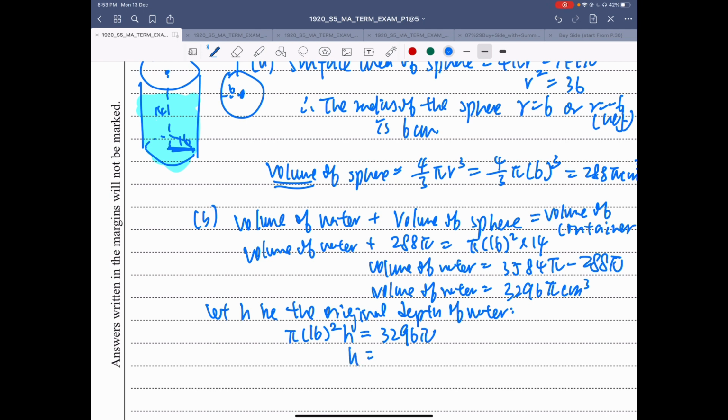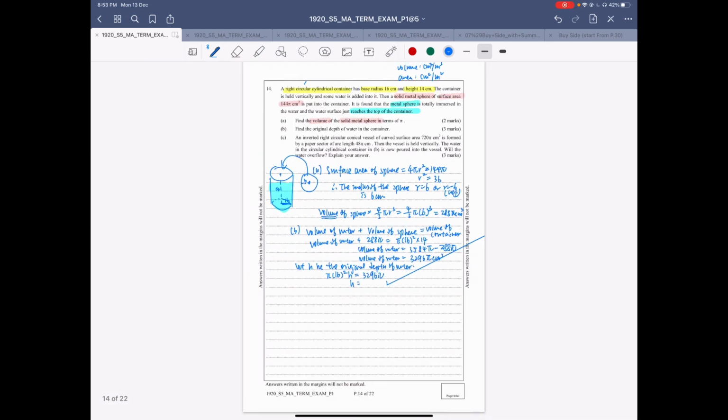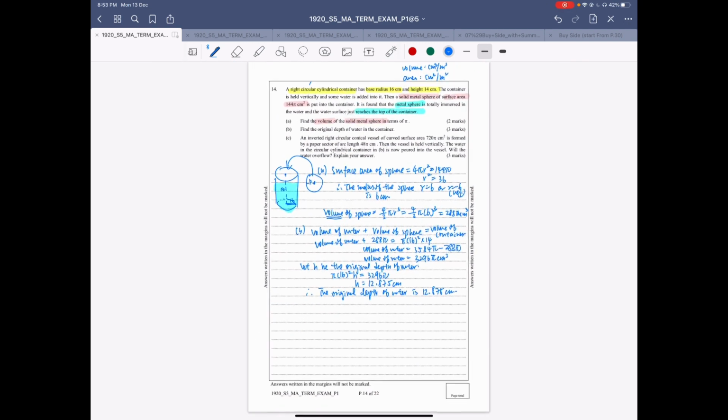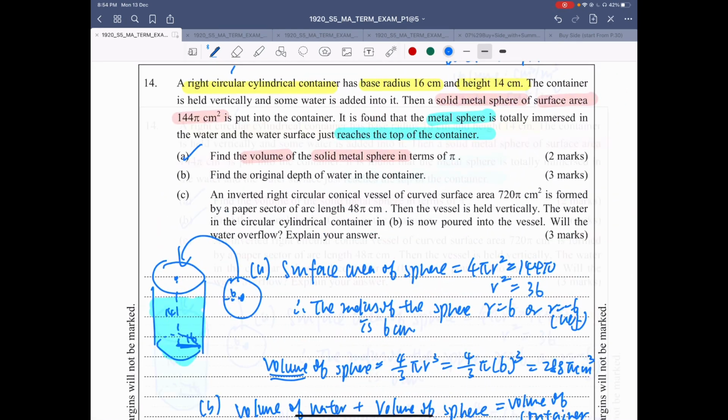So what is h? 3,296 divided by 16 square, which is equal to 12.875 cm. Therefore, the original depth of water is 12.875 cm. Okay, so we finished part A and part B.